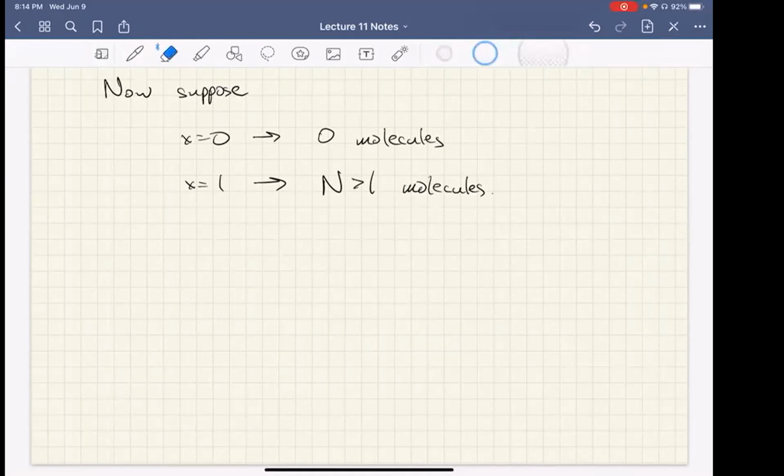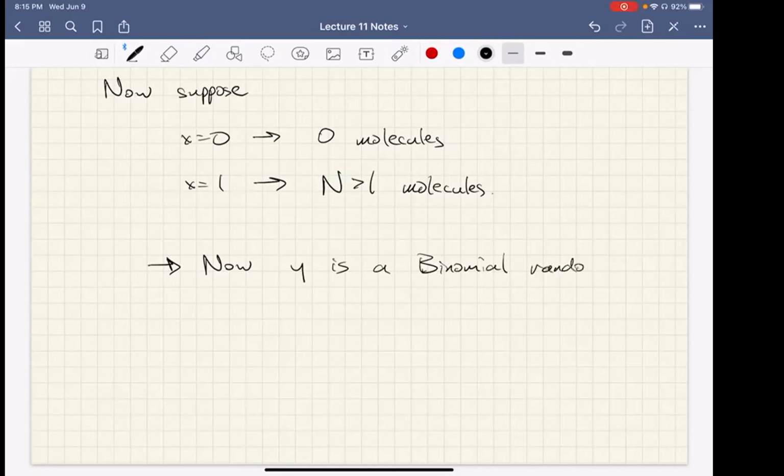In that case, the number observed at time ts, y, is a binomial random variable. And we saw this a few lectures ago. We were talking about how when you're counting the number of molecules that end up in a region, it's naturally a binomial random variable.